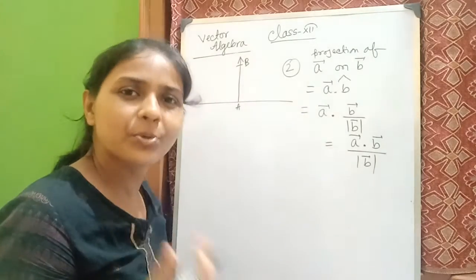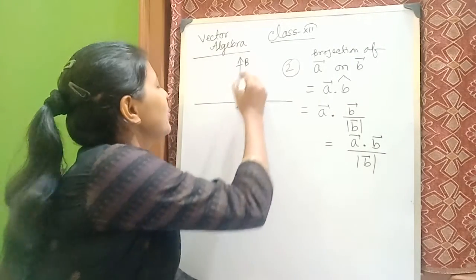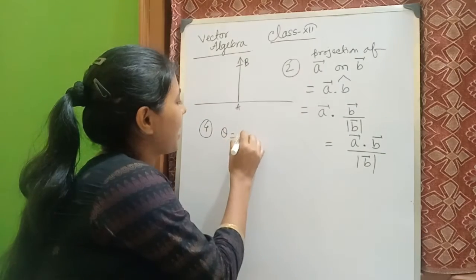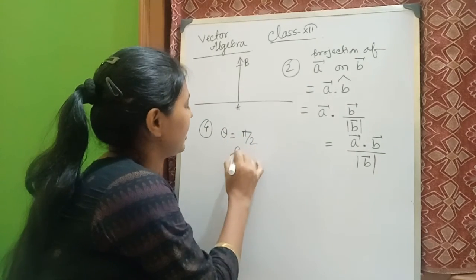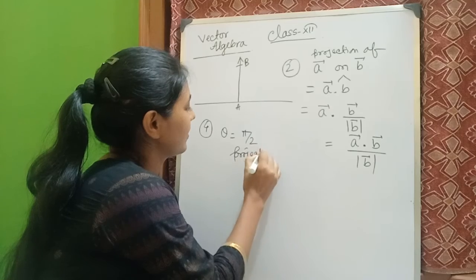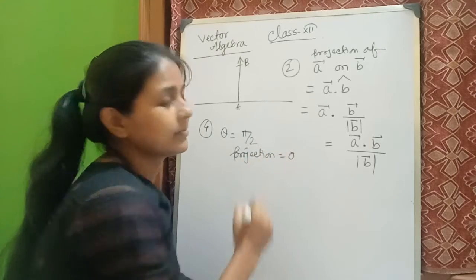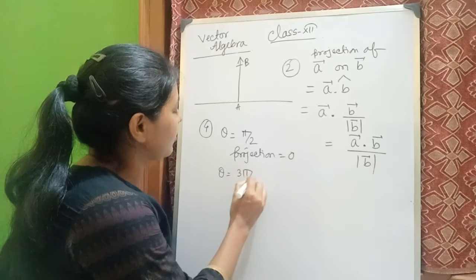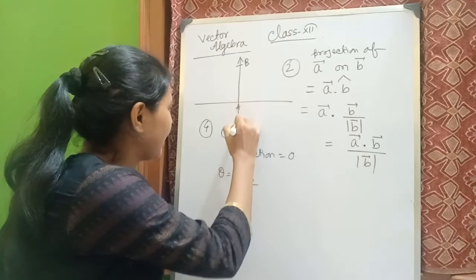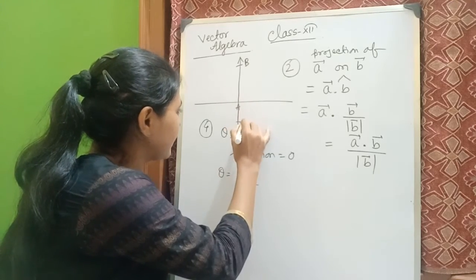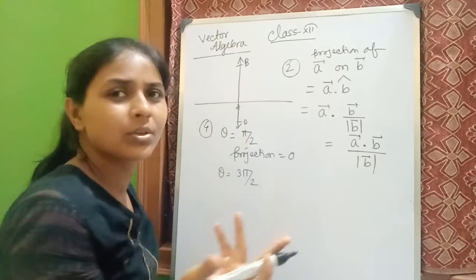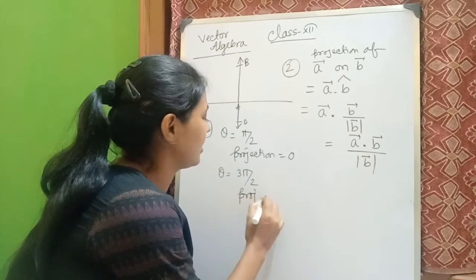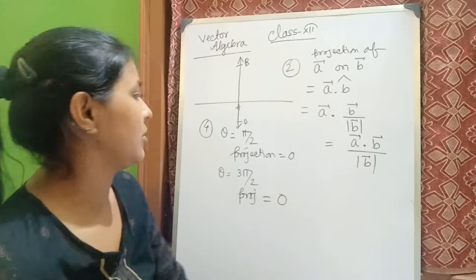So the projection is 0. So for number 4, for theta equals pi by 2, the projection is 0. And for theta equals 3 pi by 2, suppose like this, A and this is B, then also the projection is 0.